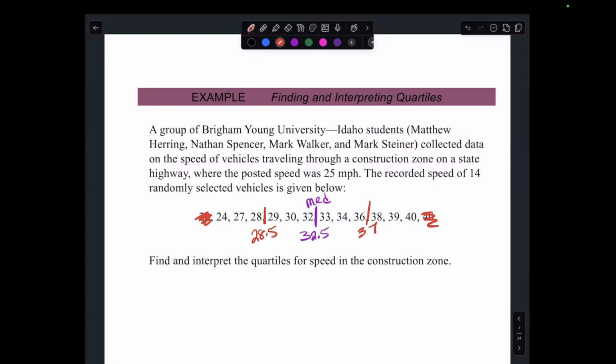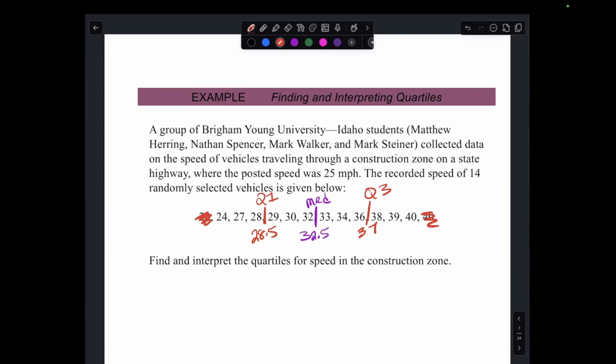So if you have an even number below the median, you still do the same thing where you average those two numbers to find that middle term. We treat it just like it's another median, but this would be the Q1 and this would be Q3. So when you have those even numbers there, you're still finding that middle value.